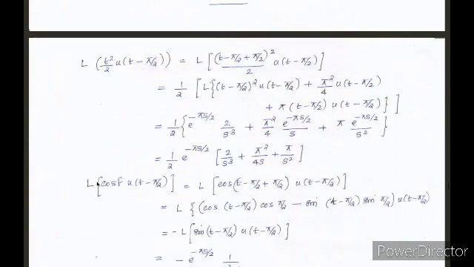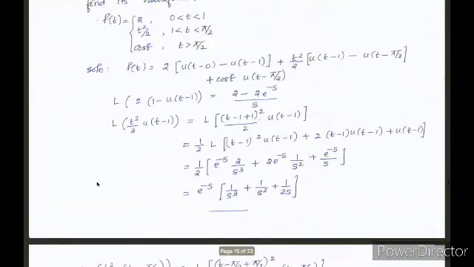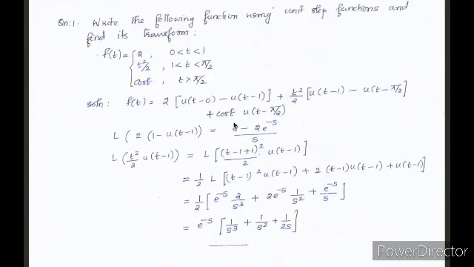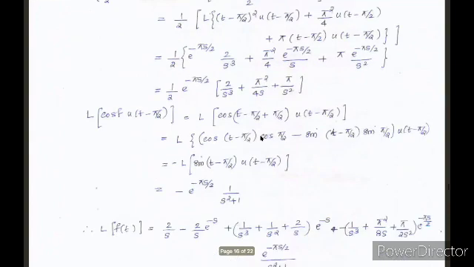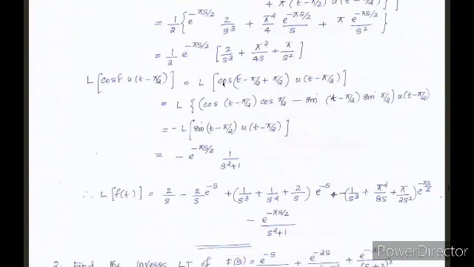Next is the Laplace transform of the last term of f of t, that is cos t into u of t minus pi by 2. The Laplace transform of cos t, write cos t as cos of t minus pi by 2 plus pi by 2, into u of t minus pi by 2. Then cos a plus b is equal to cos a cos b minus sin a sin b. Cos pi by 2 equal to 0, sin pi by 2 equal to 1.